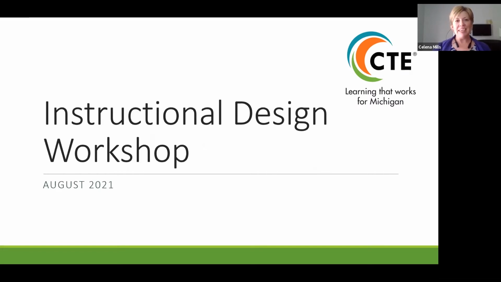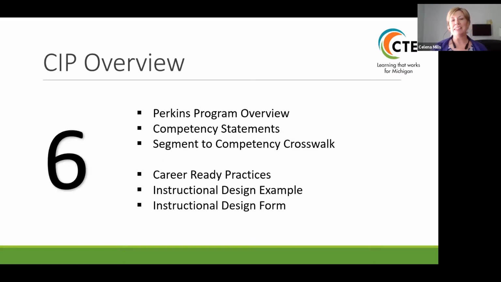So to get started, I want to just walk you through what that instructional design, or what we're calling the SIP overview document, looks like, and what they have in common, and then where they're different. So the SIP overview document has 6 tabs, and this document is replacing the gap analysis for you that have been through this Perkins 5 Career Pathways grant process.